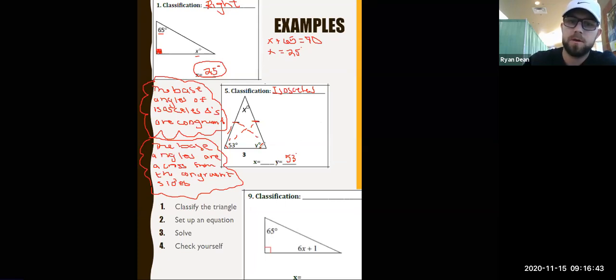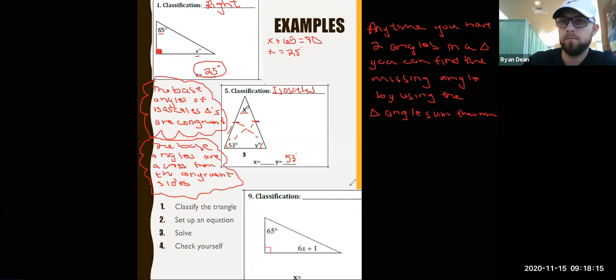Now that we figured out what this angle y is, our last thing to do is figure out what x is. Anytime that you know 2 angles of a triangle, you can find the third missing angle by using the triangle sum theorem. Here's our little note for it. Anytime that you have 2 angles in a triangle, you can find the missing angle by using the triangle angle sum theorem.